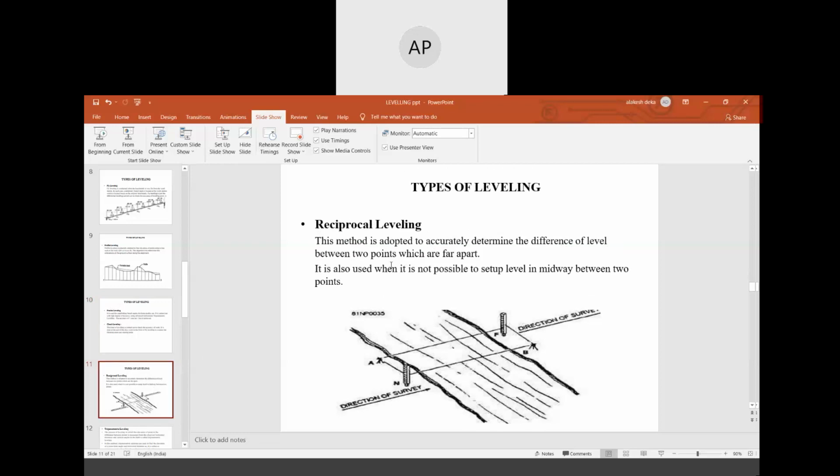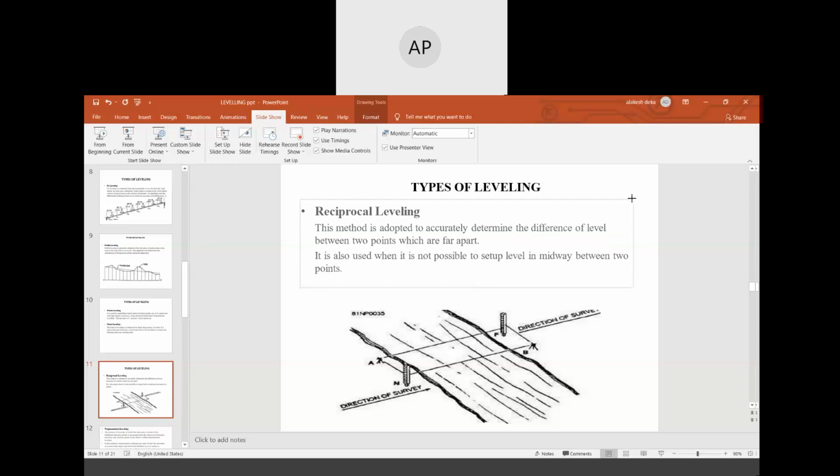Next is the reciprocal leveling. This method is adopted to find out the accurate difference of level between two points which are far apart. It is also used when it is not possible to set up the level midway between two points.